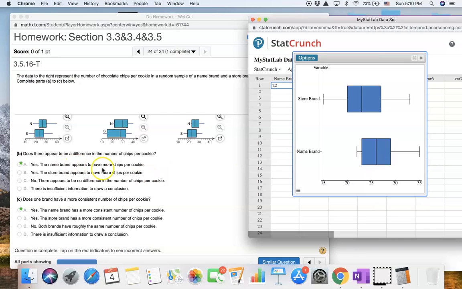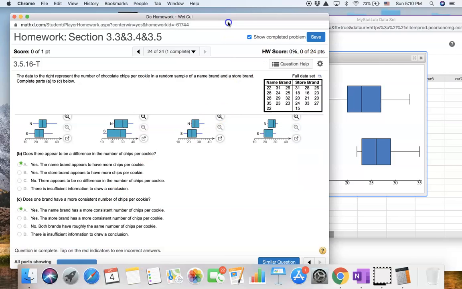Okay. And does one brand have a more consistent number of chips per cookie? So to answer this question, we're gonna look at their range, because the range is gonna tell us the dispersion. If the brand has a higher dispersion, then that brand is gonna be less consistent, because that means the number of chips per cookie is not consistent.